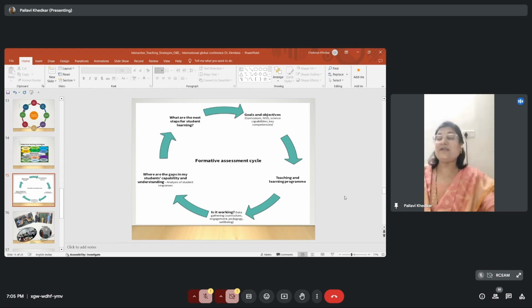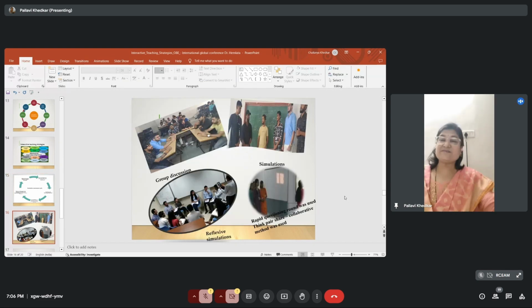The formative assessment system and the summative assessment system are very important to see whether your outcomes are achieved or not. When we try to analyze the achieved outcomes, it is first the formative assessment which we conduct in the class. The teacher has to give marks to the students based on their formative assessment. When we talk about formative assessment, there can be group discussion, how the students participate in the class.